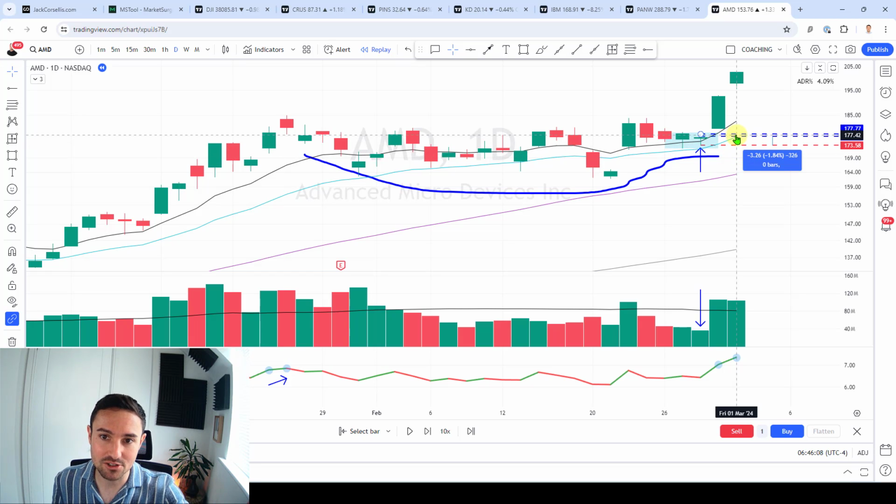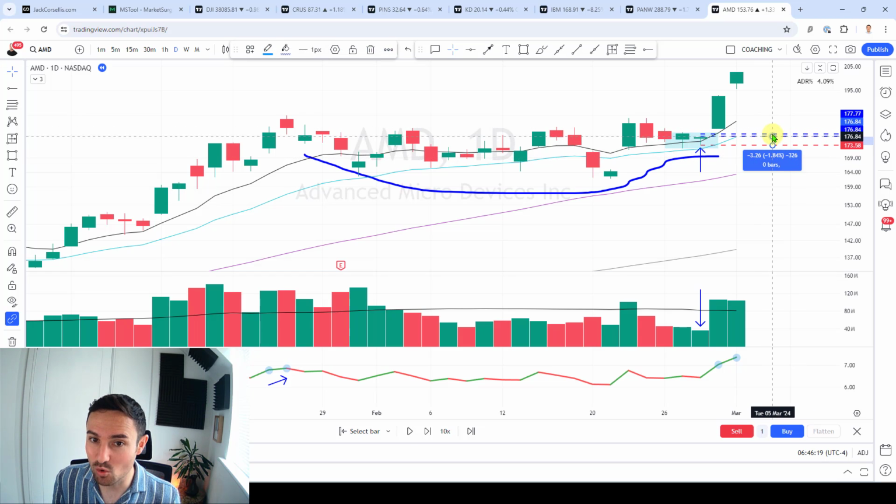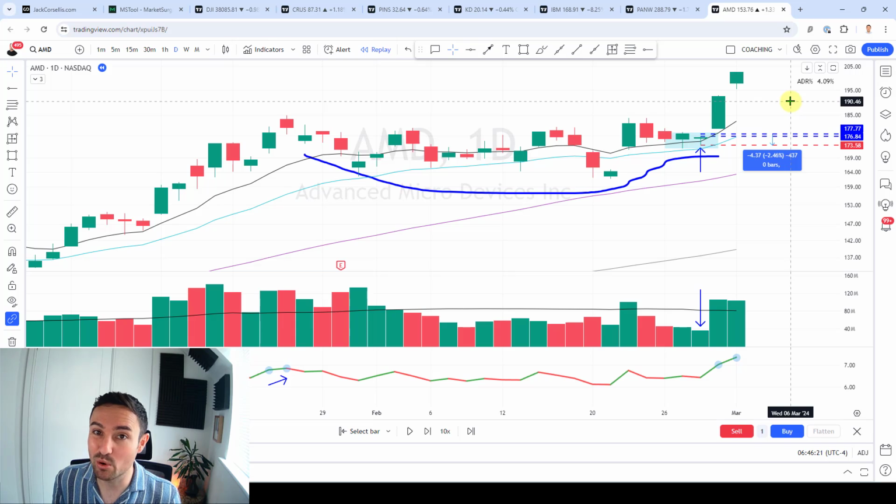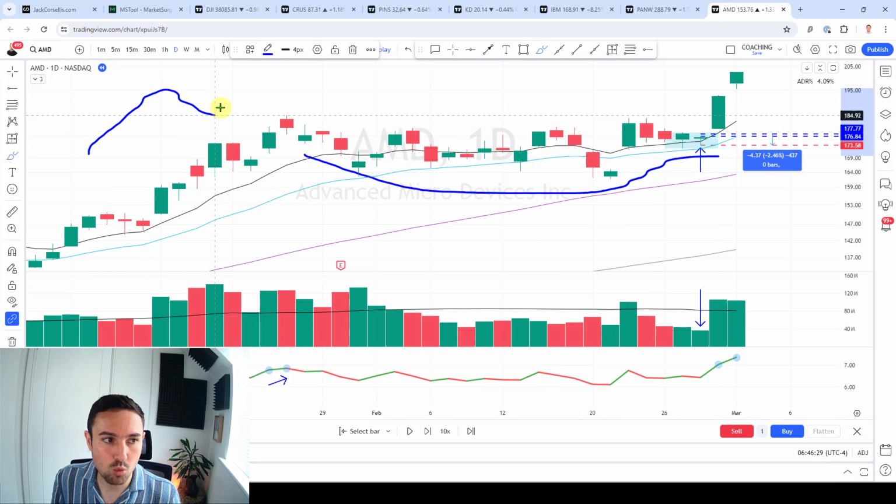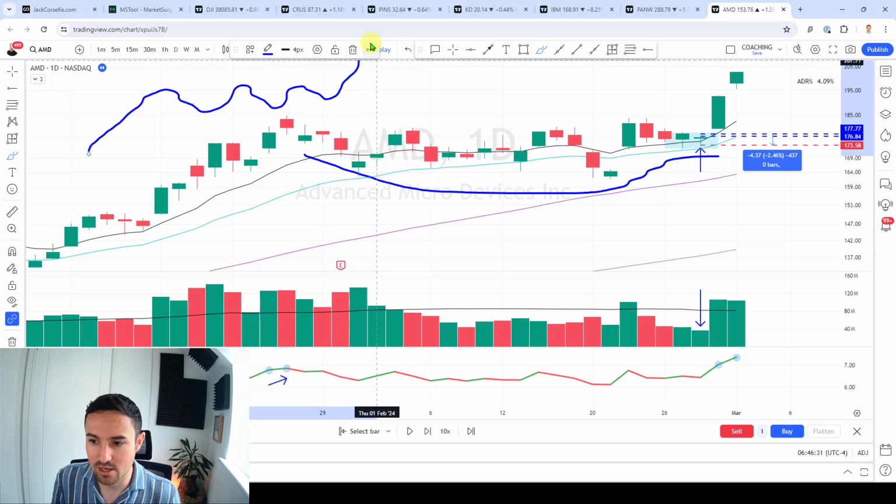Then the limit gets attached to that as well. So I know the maximum that I'm willing to pay for any shares is 177.77. So then I know my maximum risk. My risk on the trade is going to be somewhere between circa 1.84% and about 2.5%. Now the 20-day ADR percentage is circa 4%, that's really favorable. But you see this here, it's in an uptrend, 1 contraction, 2 contraction, 3 contraction, and then it breaks out like that.